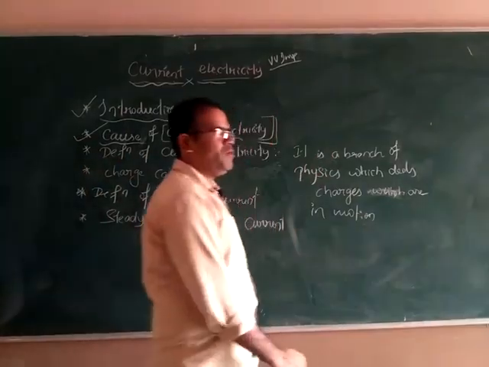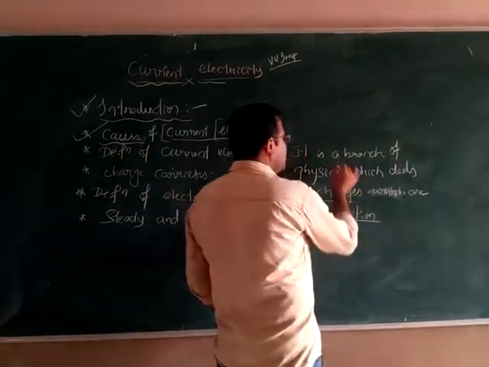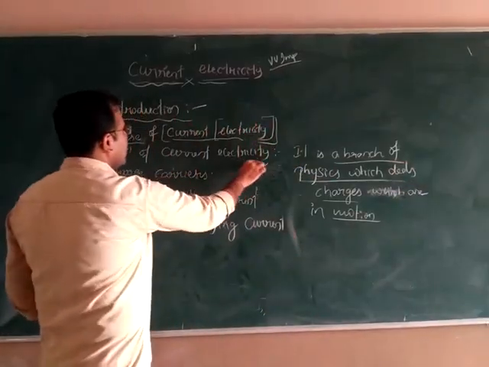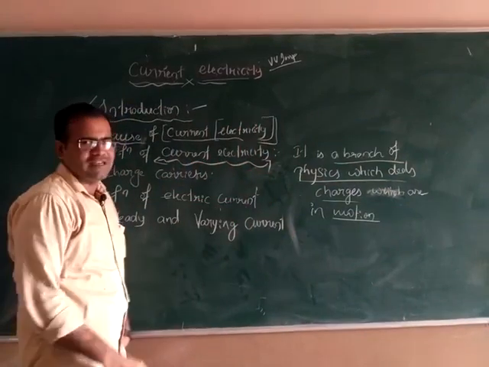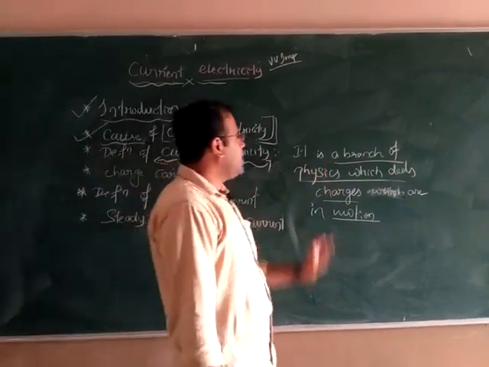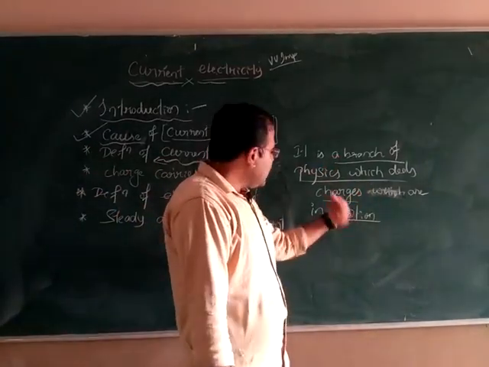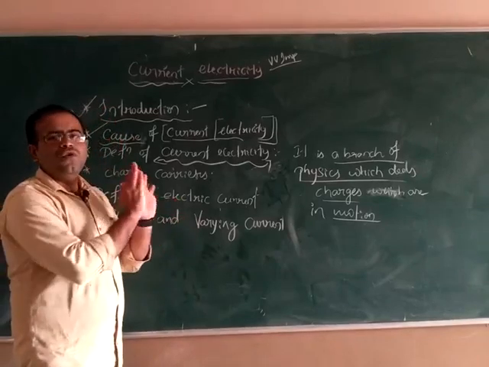So that is what you are going to observe, the charges which are in a state of motion, that branch of physics what you are going to call current electricity. So then what is the definition for this current electricity? So remember, it is a branch of physics which deals with the charges which are in a state of motion only. So there should compulsorily be a flow of charges.